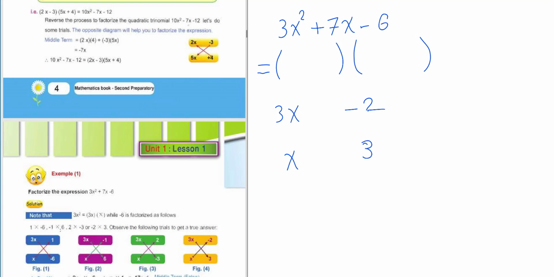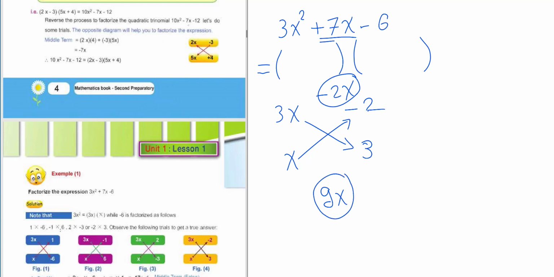After that, we must find the product of extremes and the product of means. 3x times 3 equals 9x. x times negative 2 equals negative 2x. Their sum equals 7x. It equals the middle term.